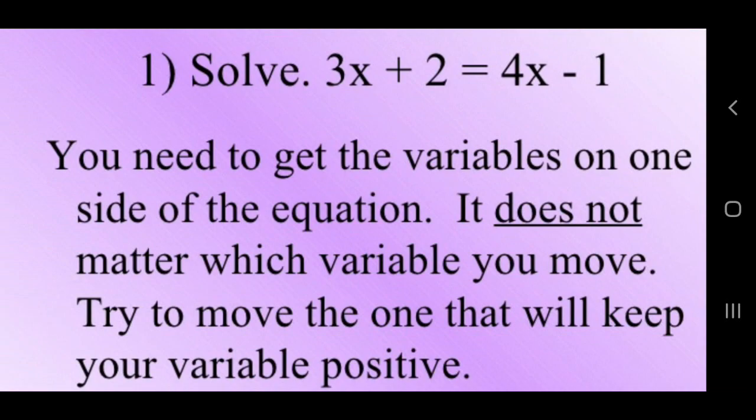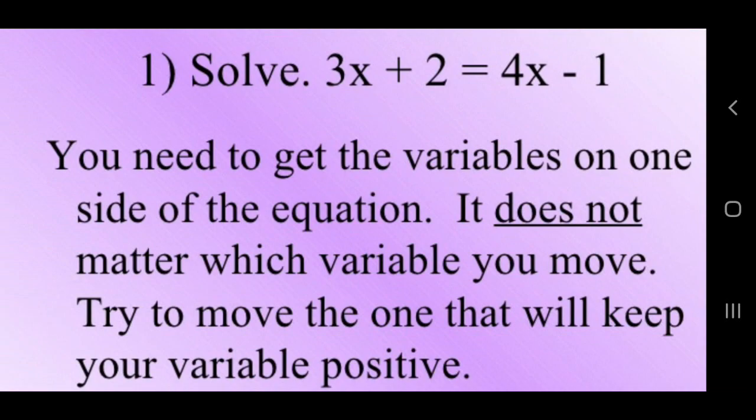Okay, dear children, to solve this type of problem, first you need to get the variables on one side of the equation. We have to transpose the variable to one side, either LHS or RHS. It does not matter which variable you move.